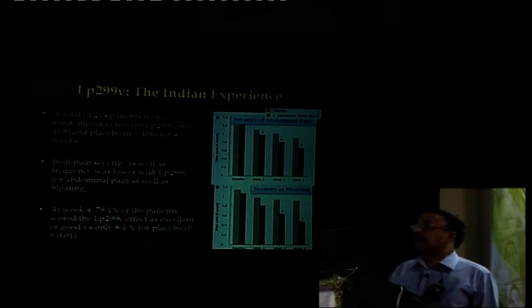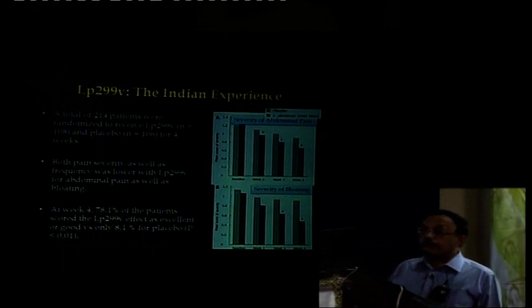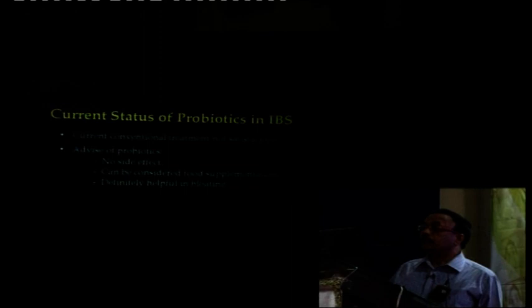This is one of the largest Indian experiences of 214 patients who were randomized to Lactobacillus plantarum and placebo. Both pain and bloating are significantly reduced with probiotic as compared to placebo.